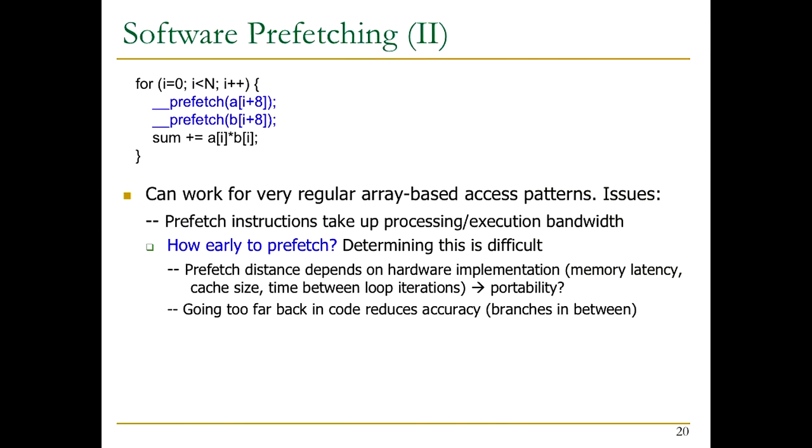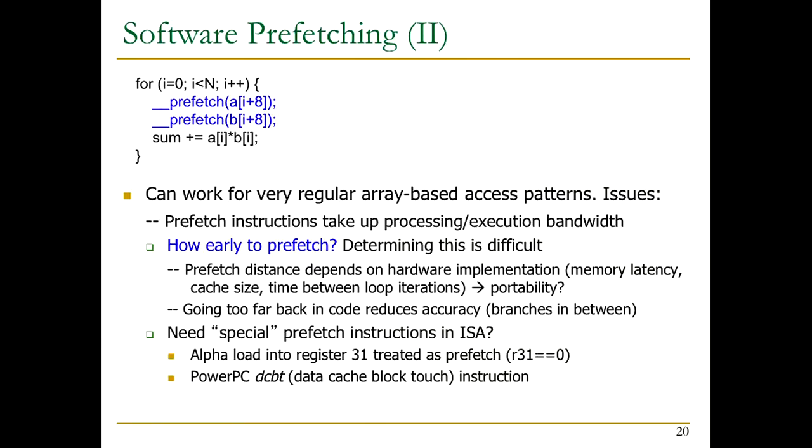But once you start putting it out of the loop, putting it ahead, if there's a branch in between, now the probability that you're going to use the prefetched data starts reducing. As you keep going earlier in the program, the probability of use of the prefetch, i.e. accuracy, reduces.